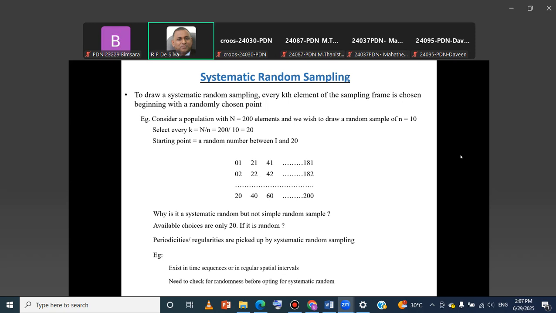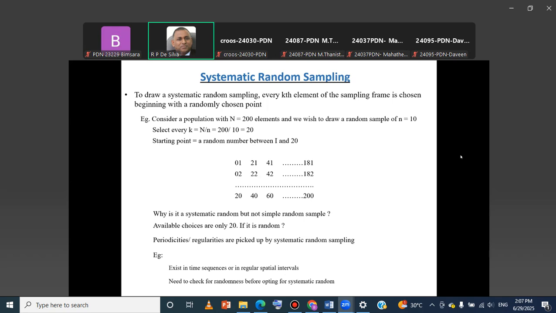Similarly, here you have 200 areas that you consider as samples. We want to take 10 areas and investigate and see what these areas are.